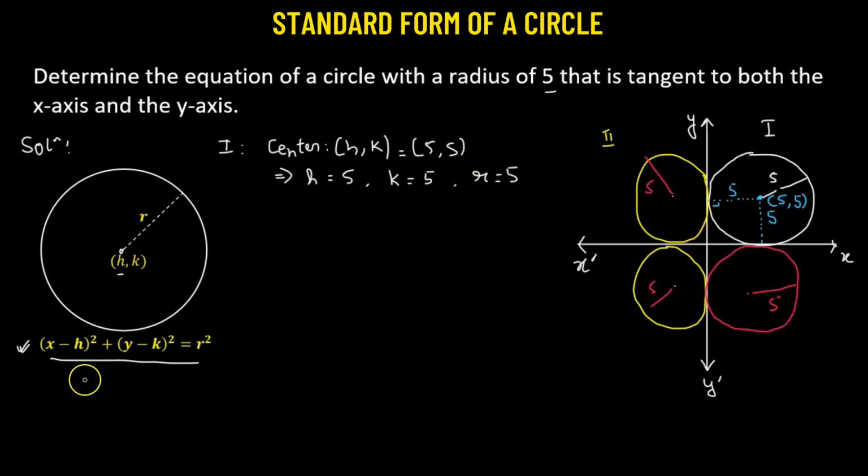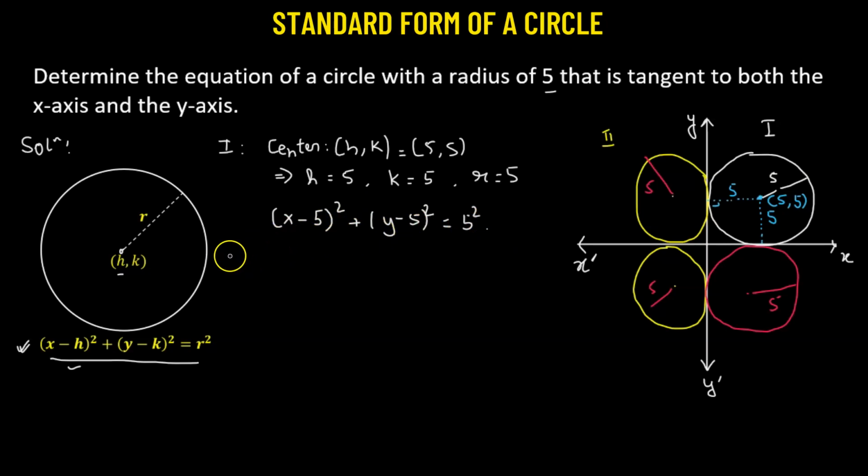That means we can use the standard form, and that gives us x minus h, so the h value is 5. We have (x minus 5) whole squared plus (y minus 5) whole squared, and this is going to be equal to 5 squared. This is the standard form of the circle. However, we can further expand this, which I'll be leaving as an exercise for you to try out.